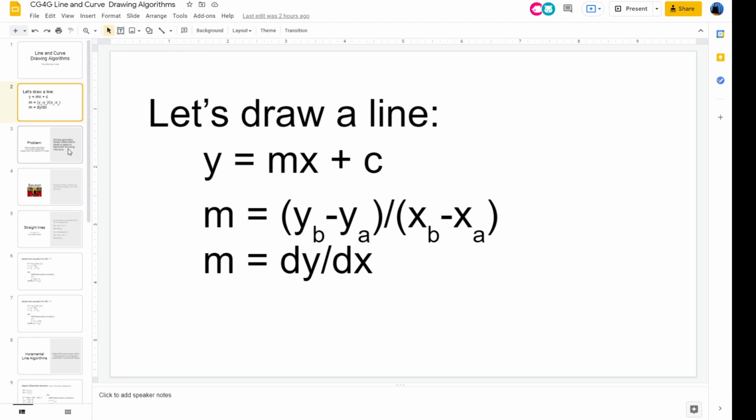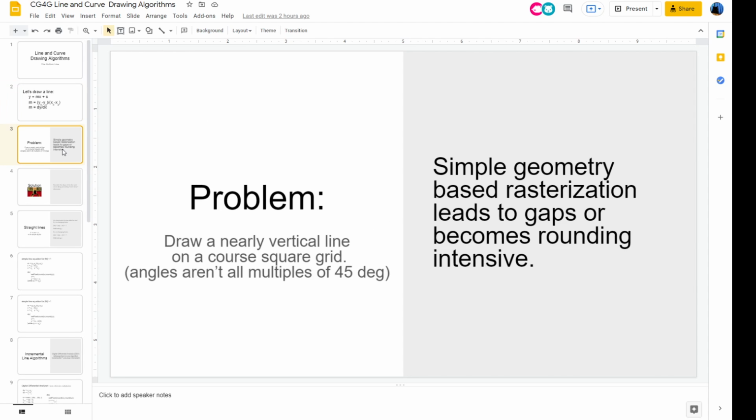Now we're going to talk about raster images, not trying to just specify two points and let hardware do it. So we're going to do it the chunky way with pixels. And that presents some issues, because we have fixed pixel locations. We can't just plug in a number, get back some number, and plot that number.